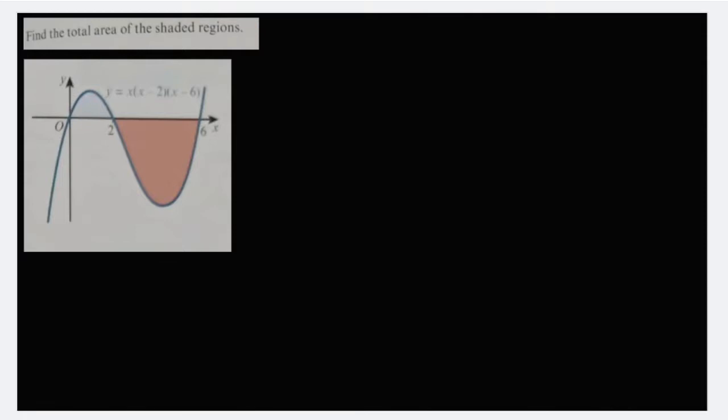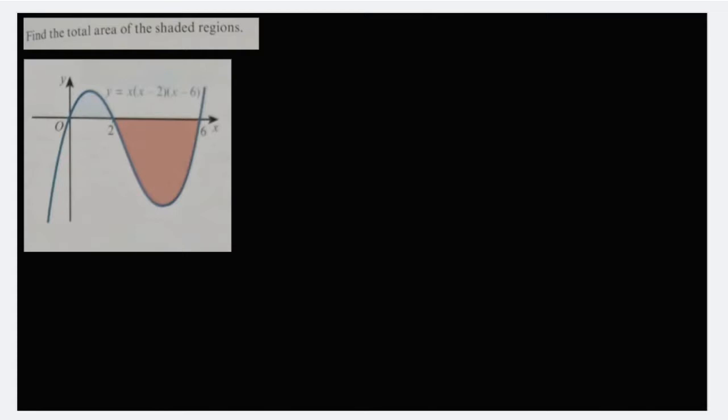Okay, third example. The question is, find the total area of the shaded regions. Now it's asking us to compute for the total area because we have two given shaded areas here. This is the first one, situated above the x-axis.